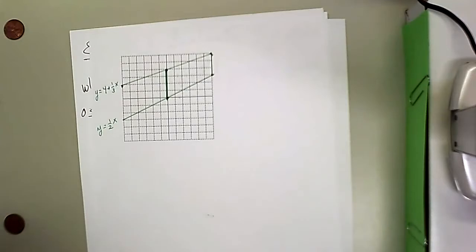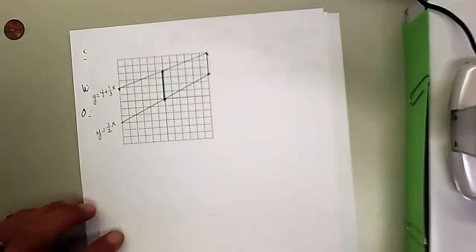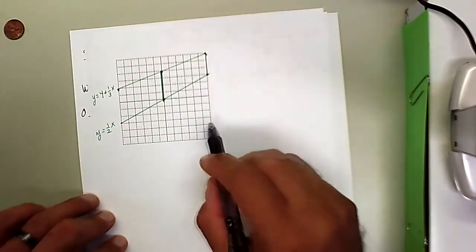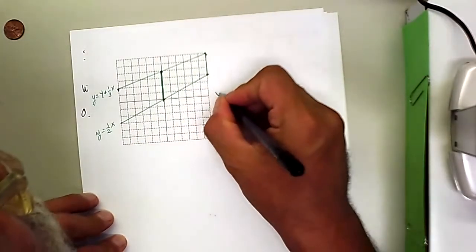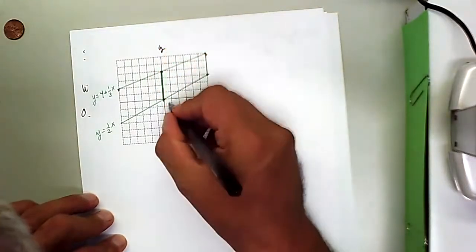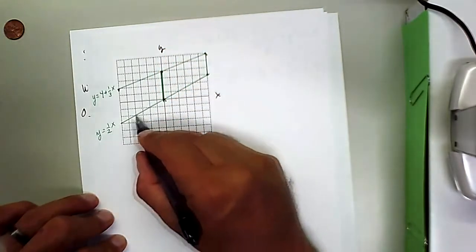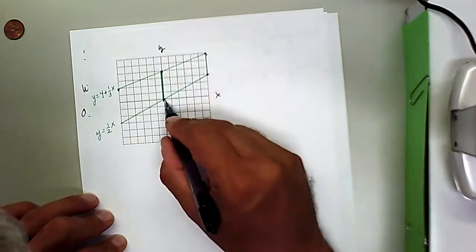In this case, I wanted to have a little nicer graph, so I drew the graph ahead of time. Here it is. So this is the x-axis, y-axis. That is the origin. And so 1/2 x looks like this from 0 to 6.